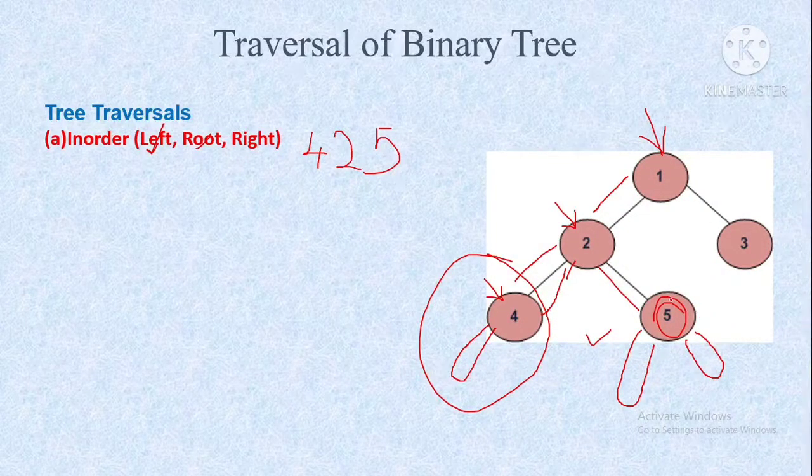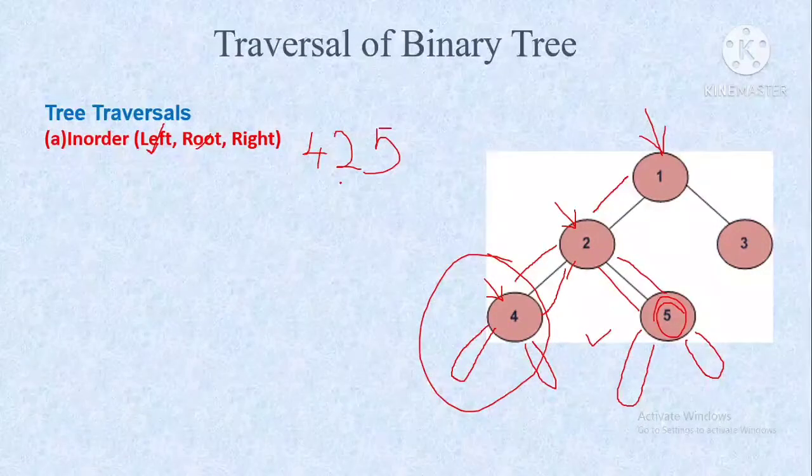Then you will go to this node 2. Already for this node 2, I have visited left and then right. For 4 also, I will consider I have visited left and then right, since I don't have any node left. And then I can write it.